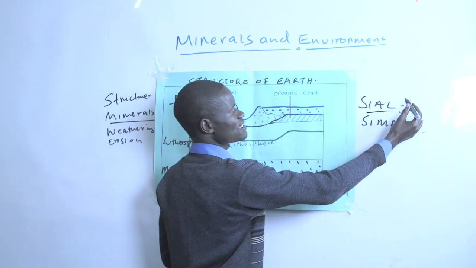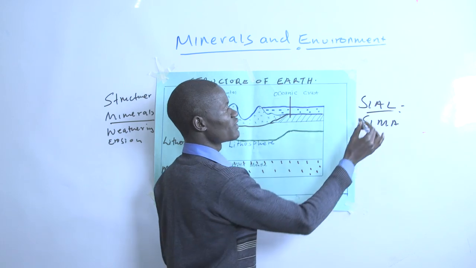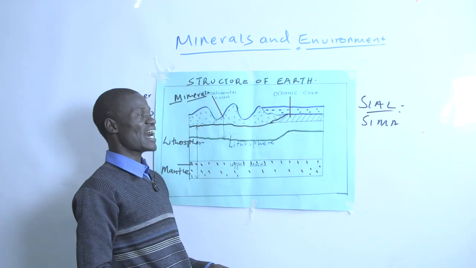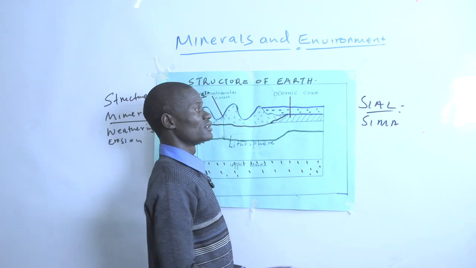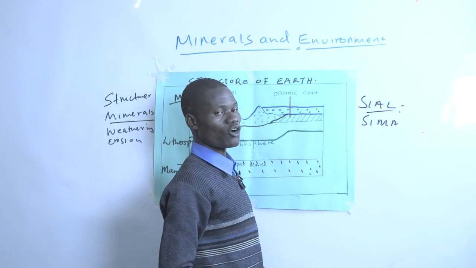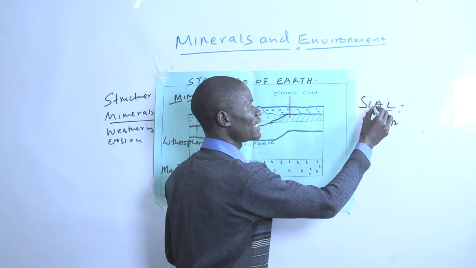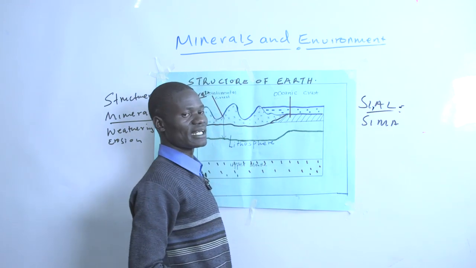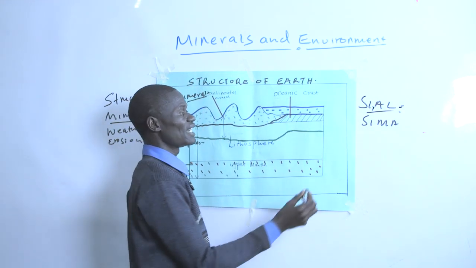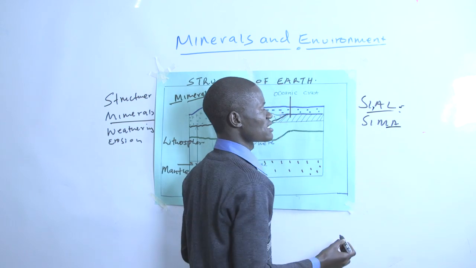Sial is less dense than sima because of the mineral content it has. Sial has component minerals of silicon and aluminum, which are relatively less dense than the magnesium elements.